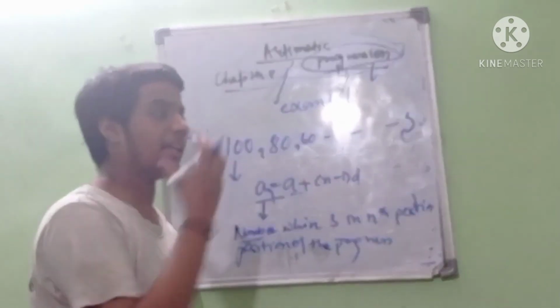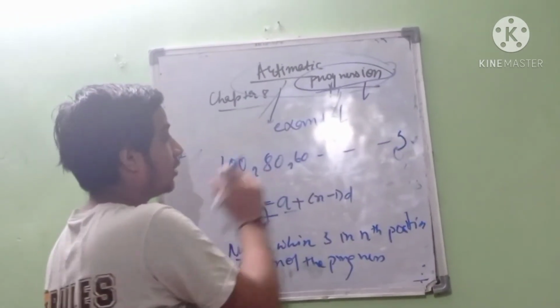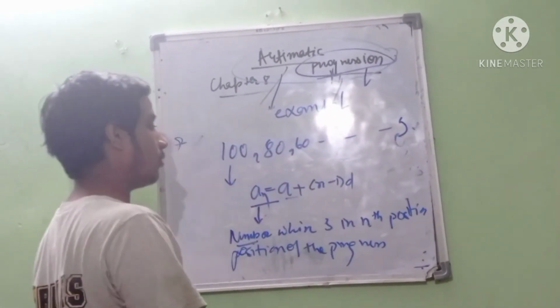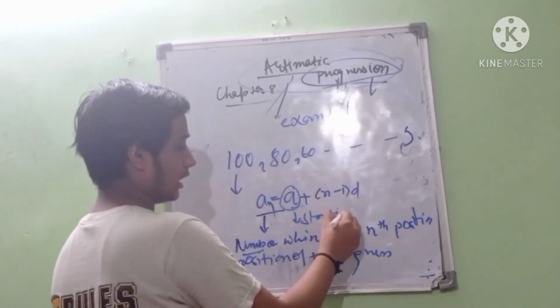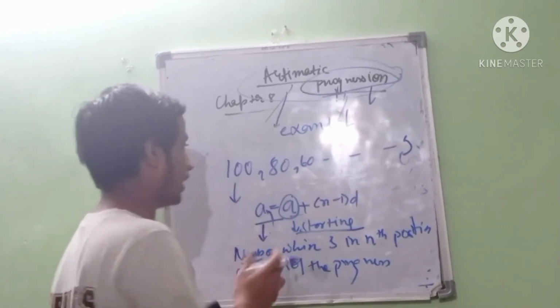If we have to find the nth position of a progression, for example in this case the fifth position of the progression, then we would use this. And this is a. a is the starting value, the initial value.